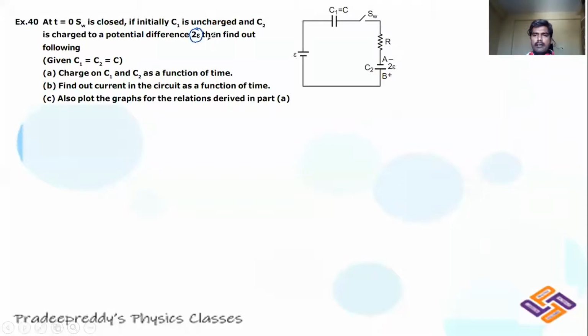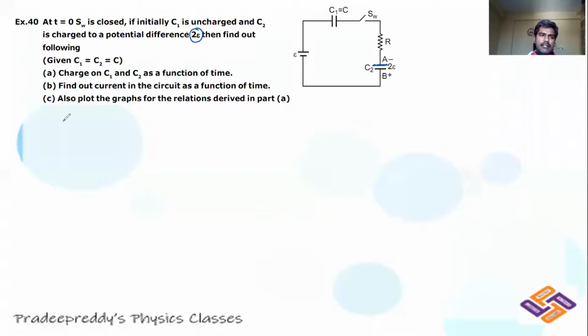Yesterday we discussed charging and discharging of a capacitor. Here we are using two capacitors. Of course, this is a capacitor, not a battery. There is some printing mistake over there. Here is C1 and here is C2. You have two capacitors.